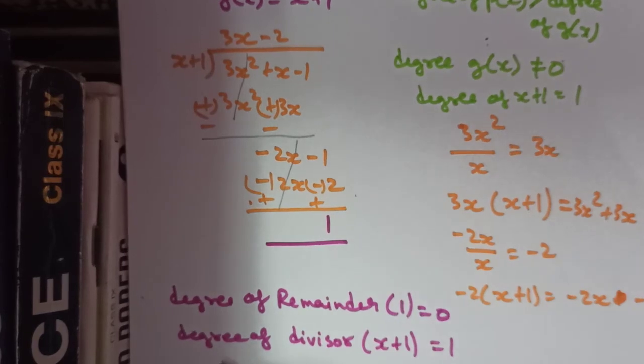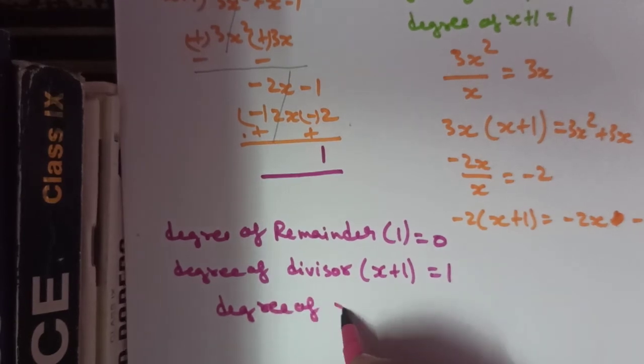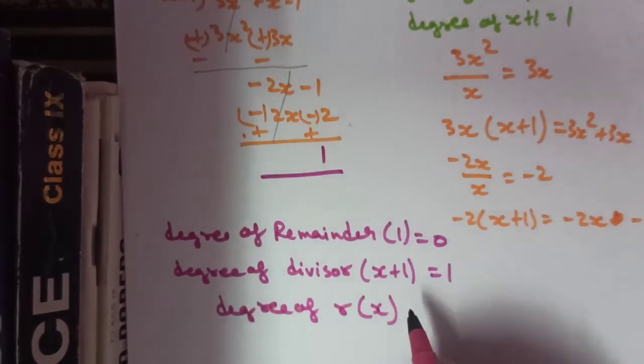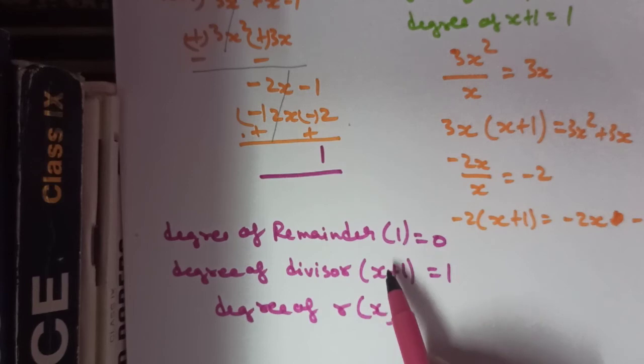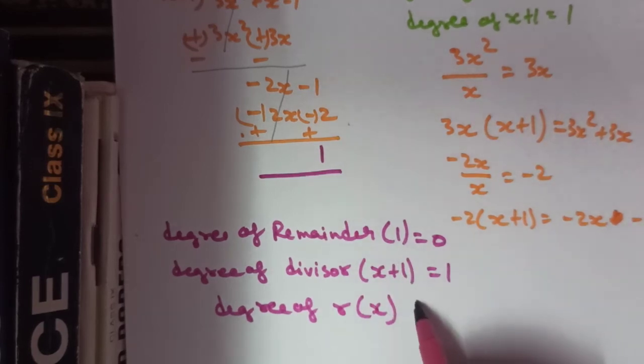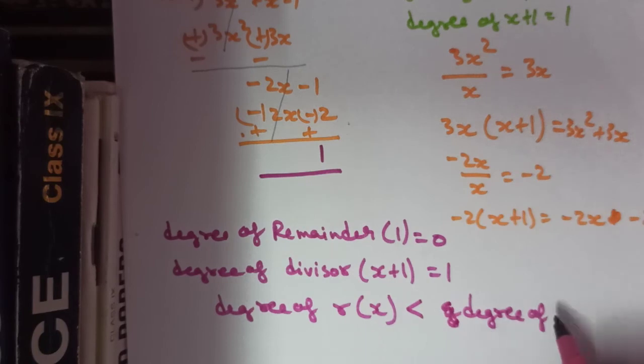So clearly we can see that the degree of the remainder polynomial r(x), which is 0, is less than the degree of the divisor, that is g(x).